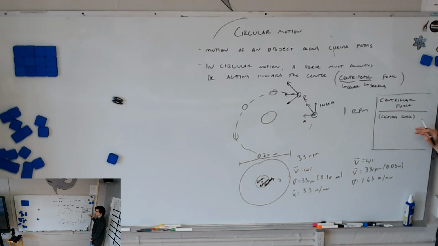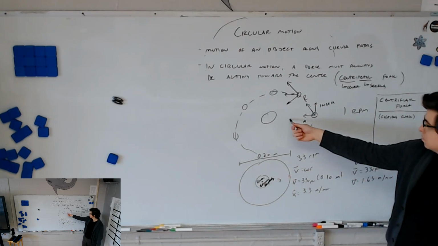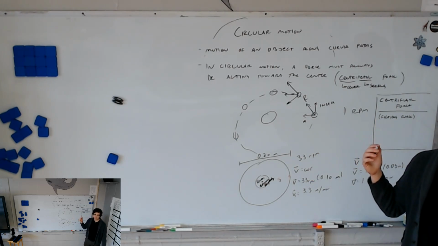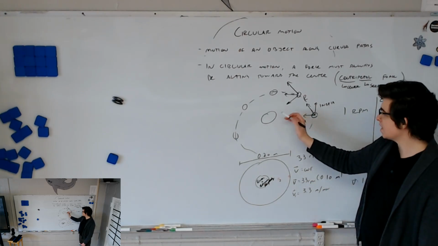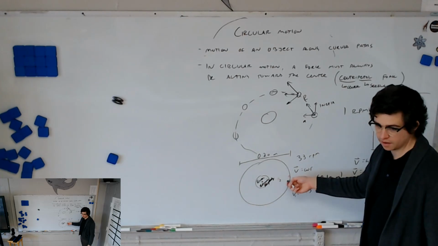But anyway, we consider this a fictitious force, because what direction is the force actually acting in the circle? Towards the center. Always acting towards the center. But what does it feel like when you're on a merry-go-round? What does it feel like to this ladybug?